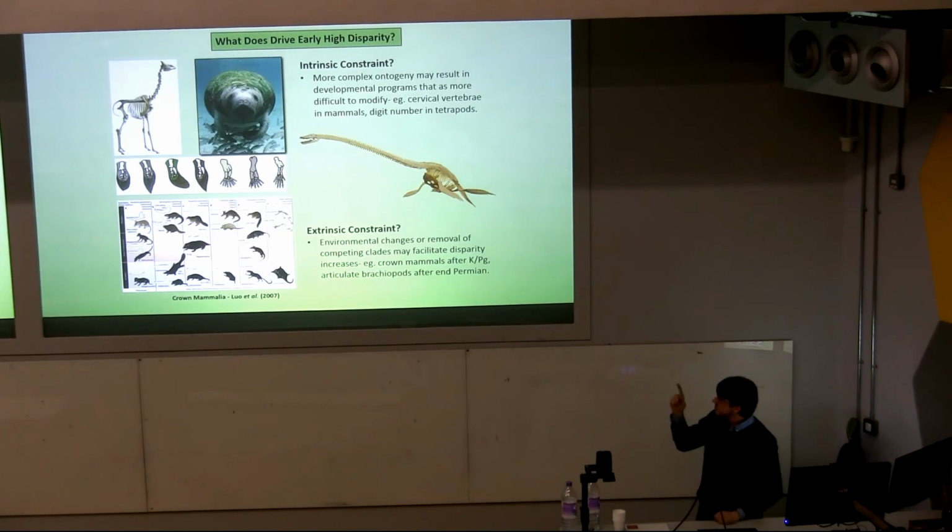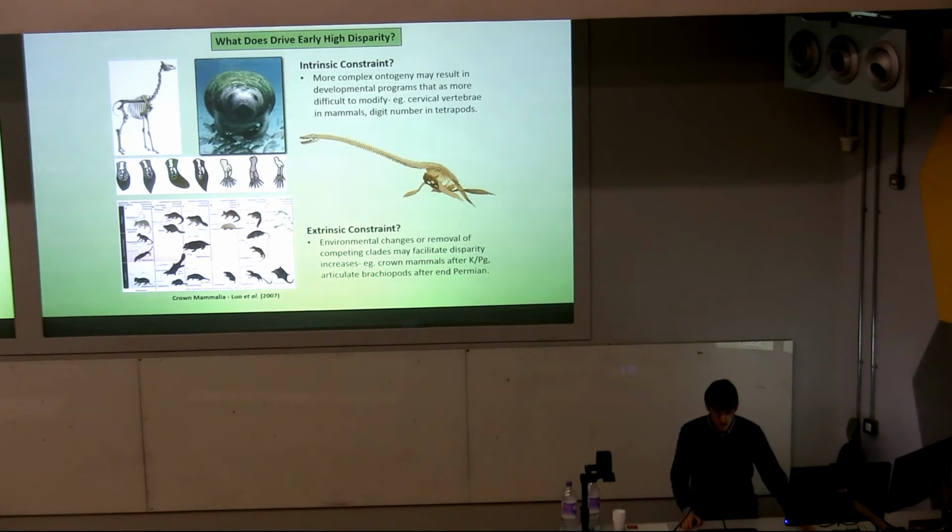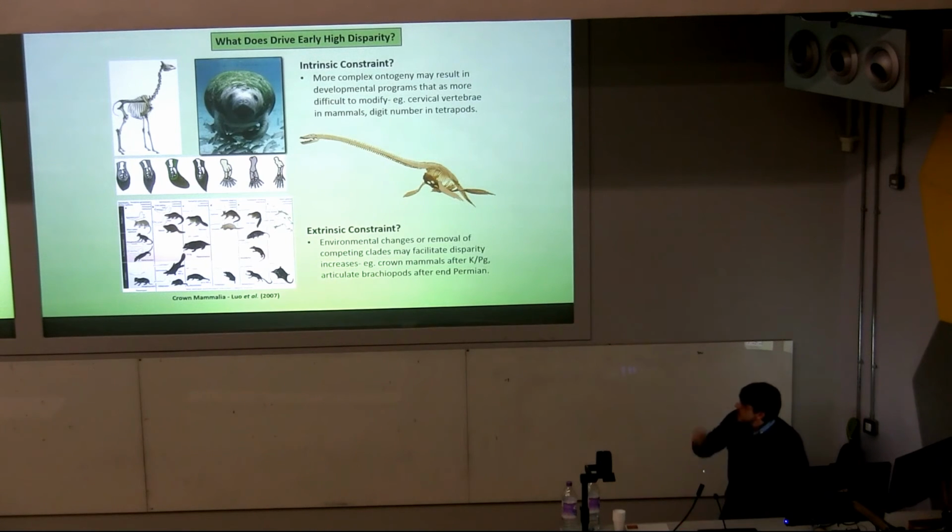The two big ones, classically discussed, are intrinsic constraints and extrinsic constraints. My personal hunch is that developmental canalization and ontogenetic constraints are really important in explaining these disparity patterns.